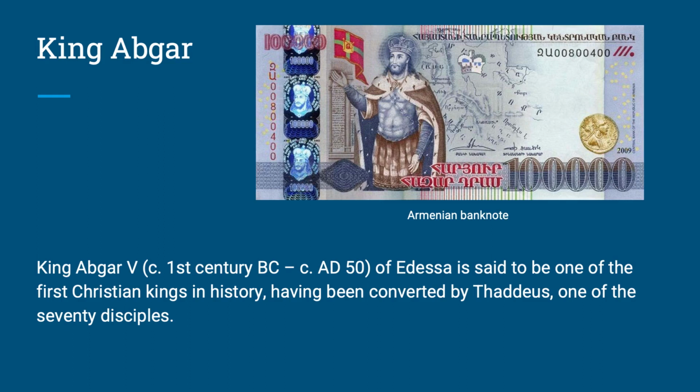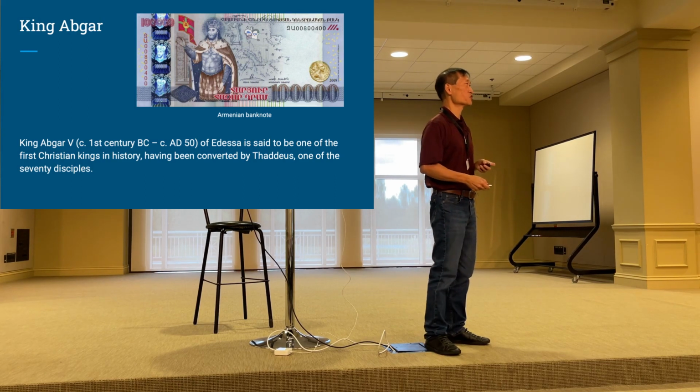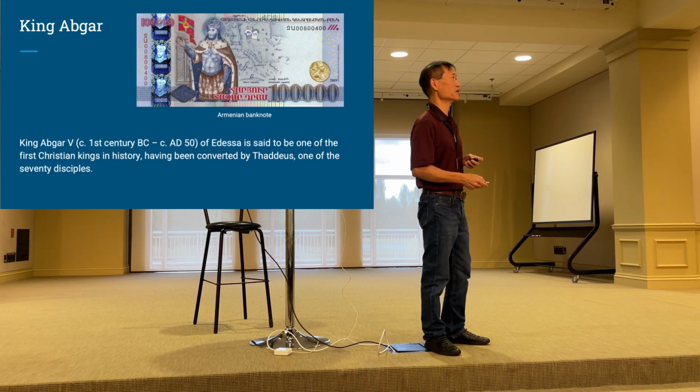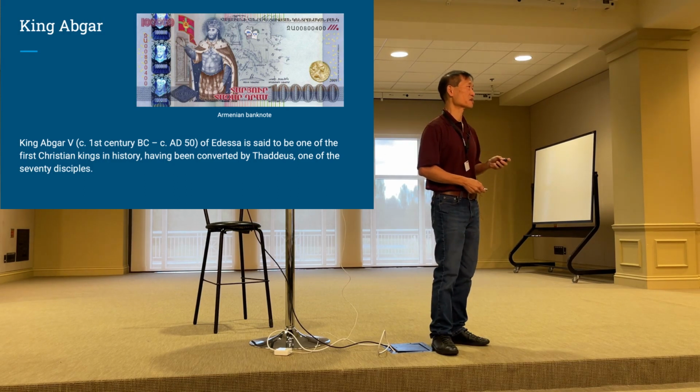Now there's another legend about King Abgar, and here's a picture of King Abgar. This is on an Armenian banknote. And he was one of the first Christian kings in history. He lived 1st century BCE to AD 50, and he was converted by Thaddeus, one of the 70 disciples.